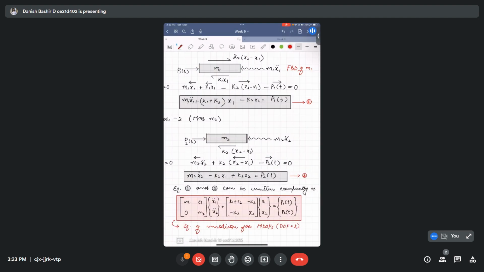So we can compactly write this with the mass matrix M, the displacement vector X, the stiffness matrix K, the acceleration vector, the displacement vector, and the force vector P. We can write M times X double dot plus K times X is equal to P of t.